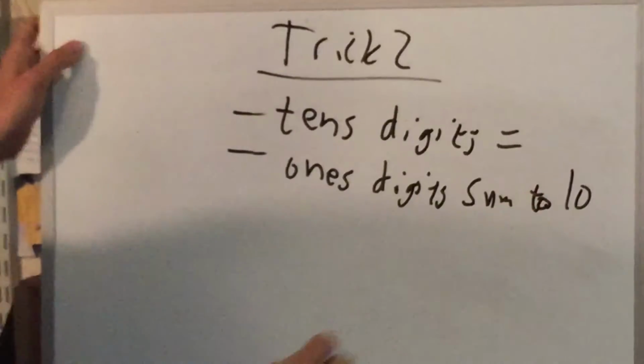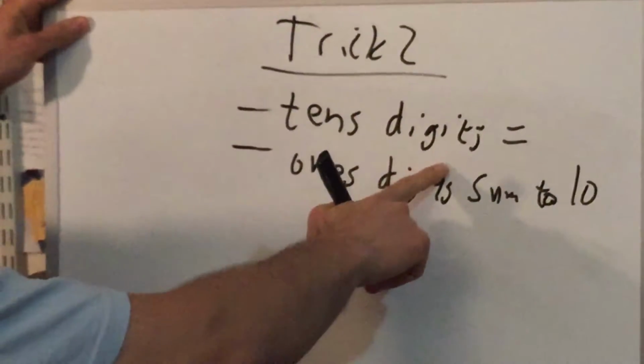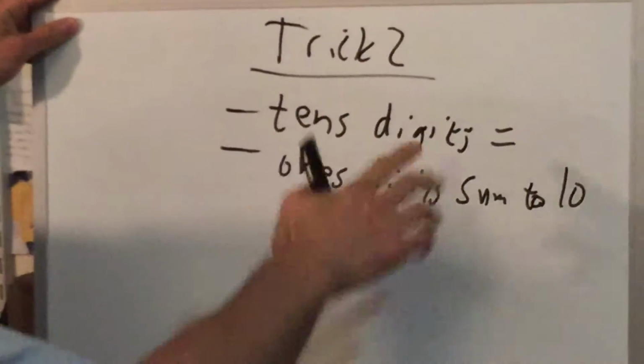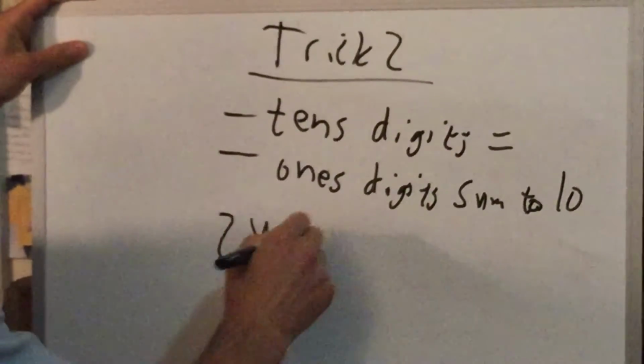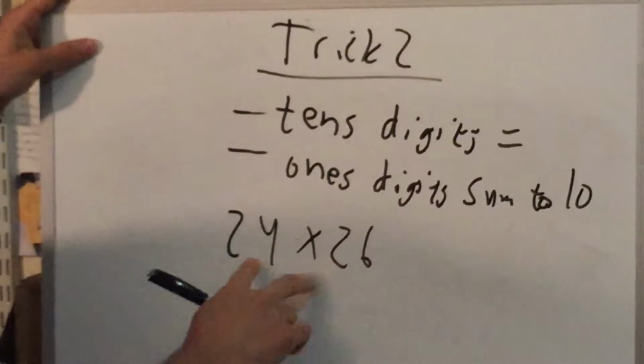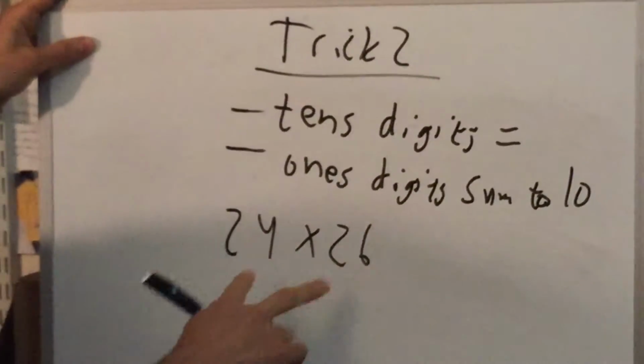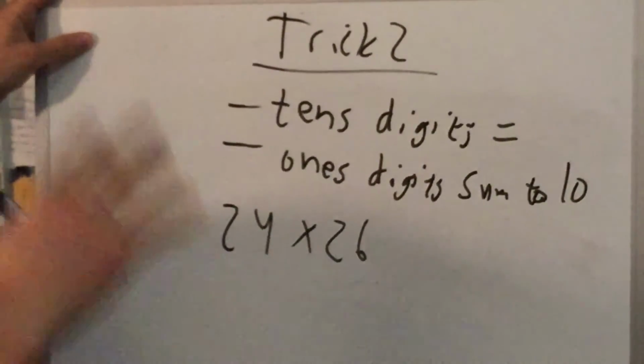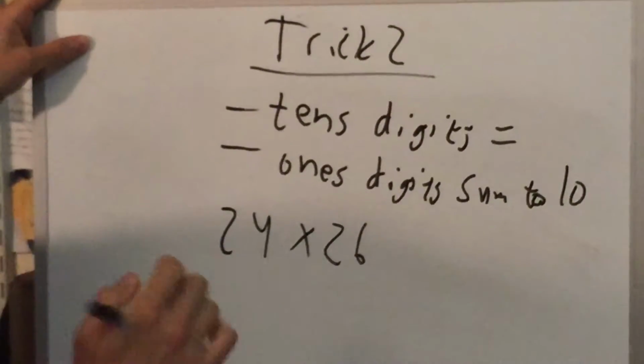The tens digits must be equal, and the ones digits must sum to 10. So what is that about? The tens digits are equal, they're both 2s. The 4 and the 6 sum to 10. So that means we can use trick 2, which I'm going to tell you in a second what that is.